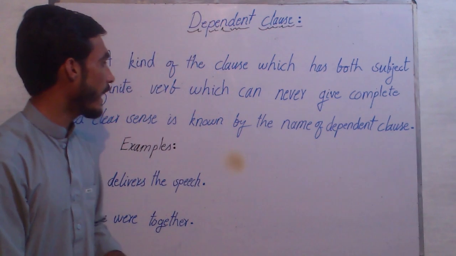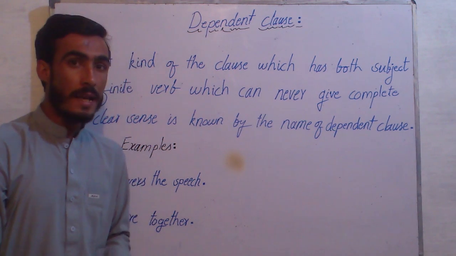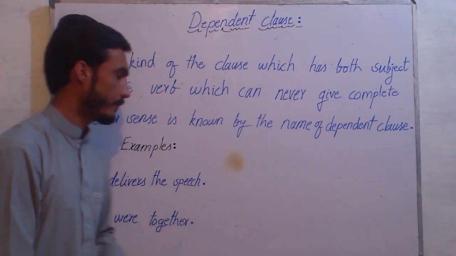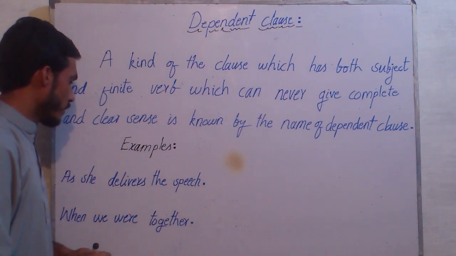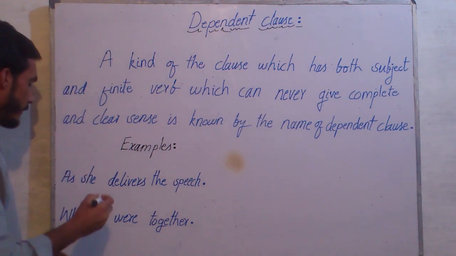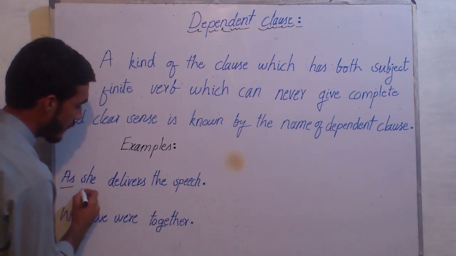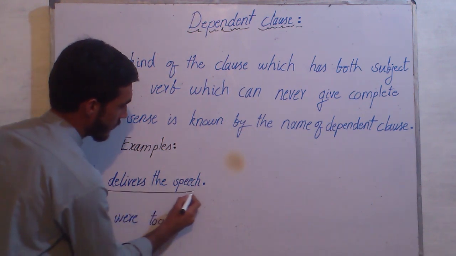And here we have some examples. Now let's understand them. Why does it not give clear and complete sense? So now here is the first example: As she delivers the speech.